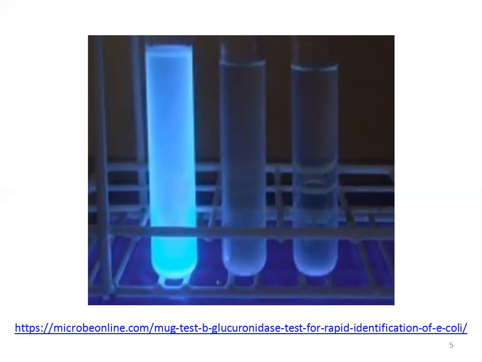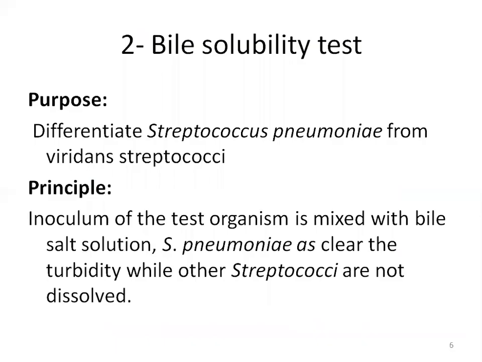Now moving towards another procedure for the identification of microorganisms of a specific kind, and this is the bile solubility test. This test helps to differentiate Streptococcus pneumoniae from the viridans streptococci.